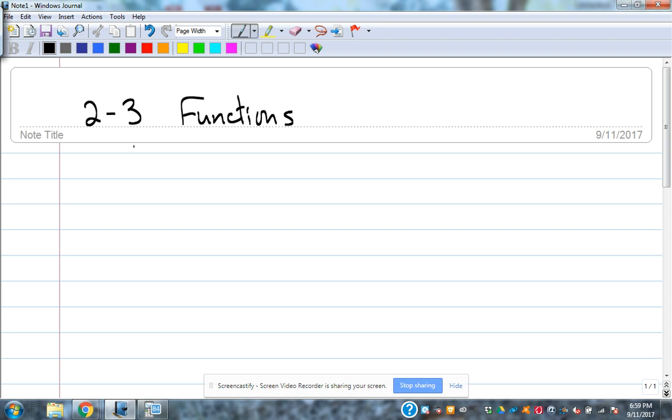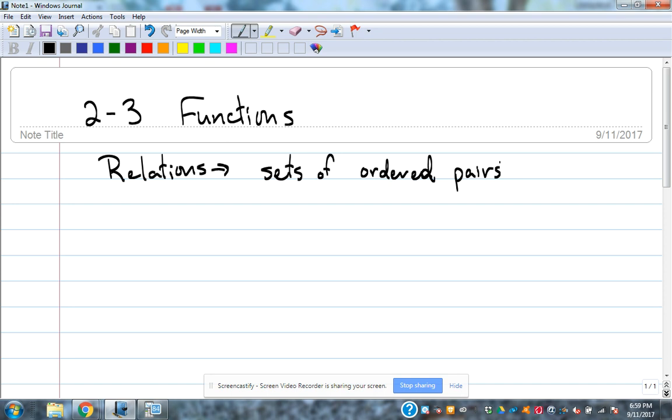All right, so functions. Functions are based on relations in math, and relations are sets of ordered pairs. Ordered pairs being like x comma y in parentheses, so x and y values.